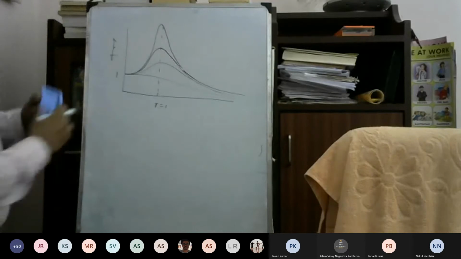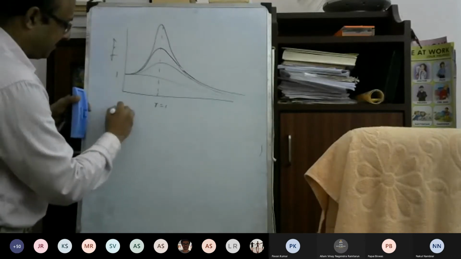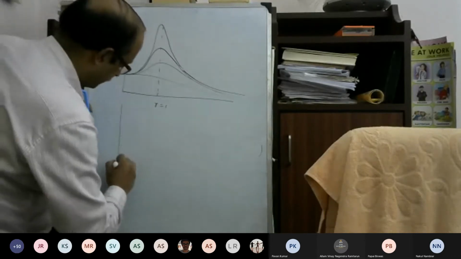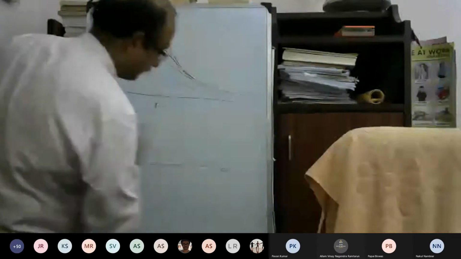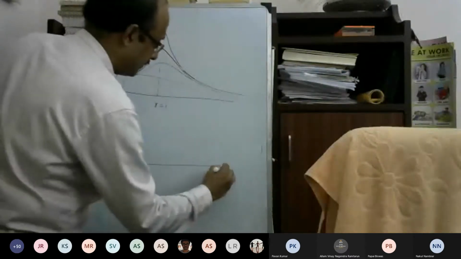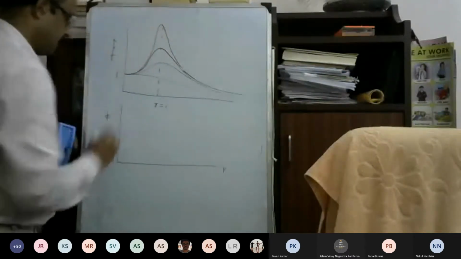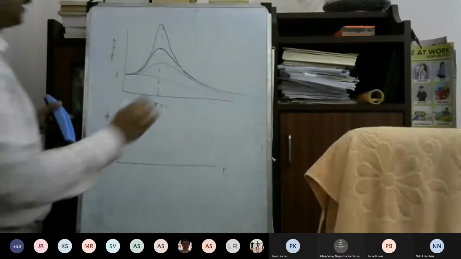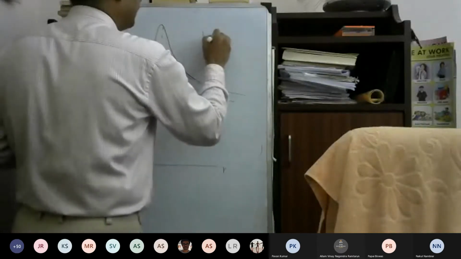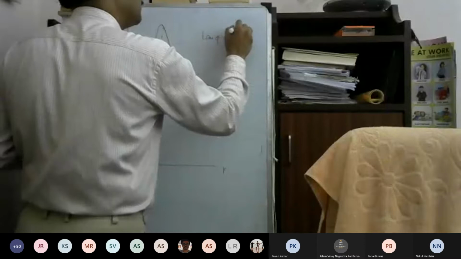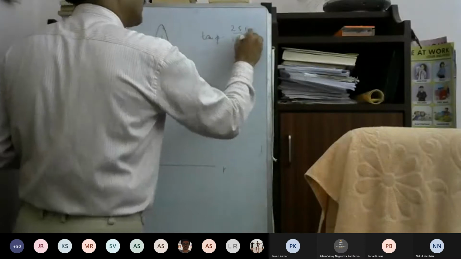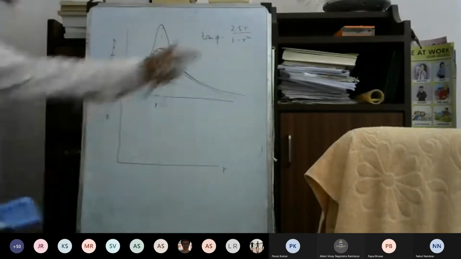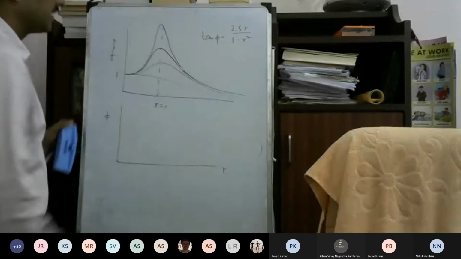Now, one interesting thing. This is the F part, and what is going to happen to phi? Against R, I have to say what is going to happen to this phi. You see, tan phi will be equal to 2 zeta R divided by 1 minus R square. So when R equal to 0, of course, phi starts from there.